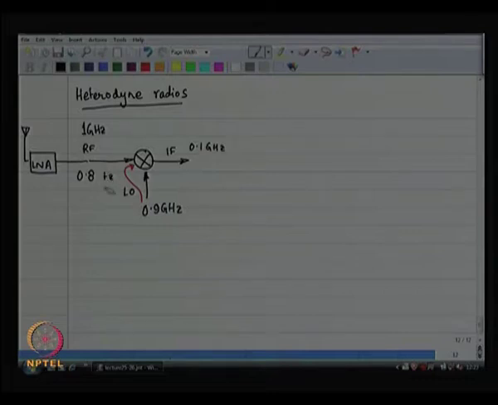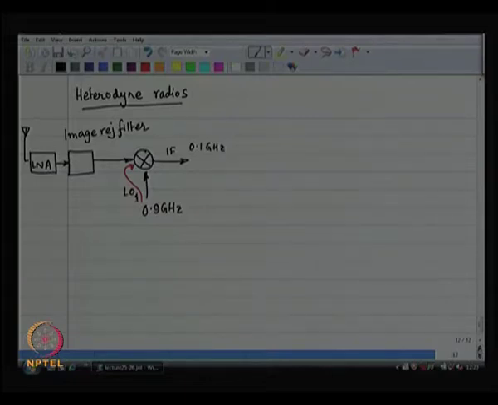So, what we put over here is something which is called an image reject filter. The job of the image reject filter is to keep your desired signal and to get rid of the blocker. Okay.